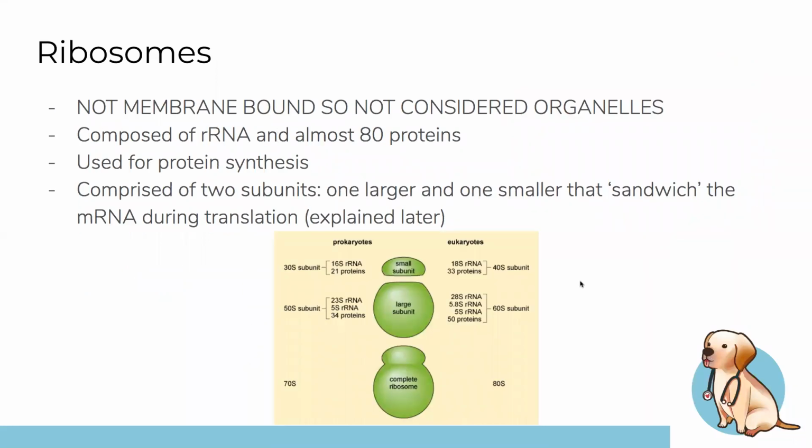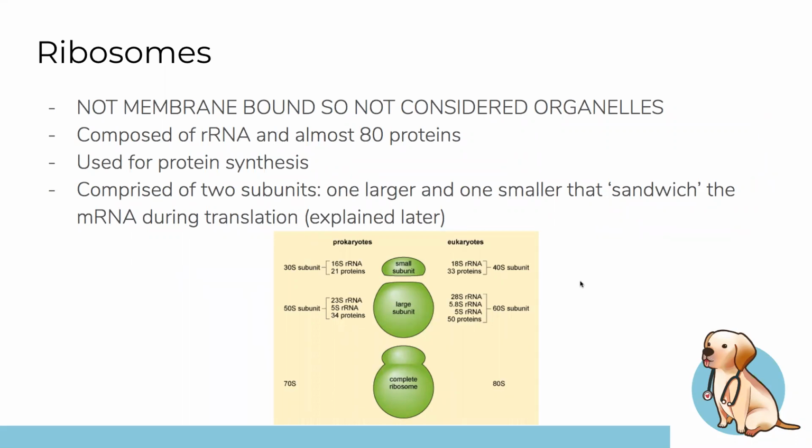Ribosomes. I was looking back at the lectures and I really wanted to push this. Ribosomes are not membrane bound, so they're not considered organelles. But they're very important in the cell for protein synthesis. Something that confused me for a while is that there are two subunits of a ribosome.